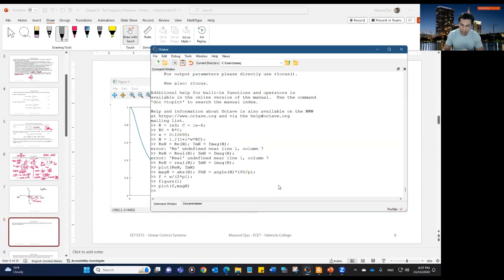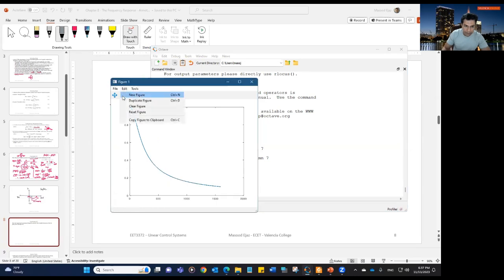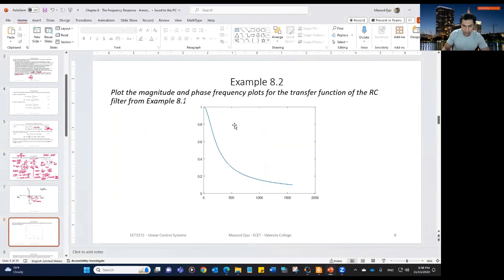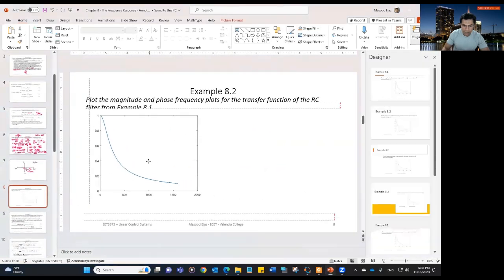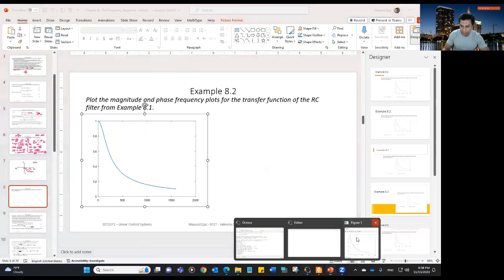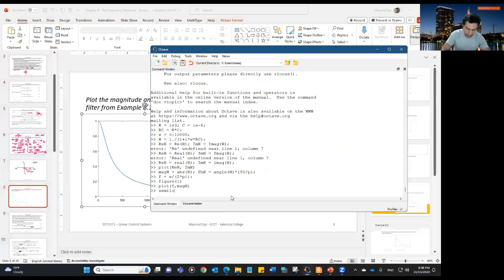And in MATLAB, that is semilogx. So instead of using plot, if you do semilogx, and then do f comma magnitude of H, let's go ahead and plot that.